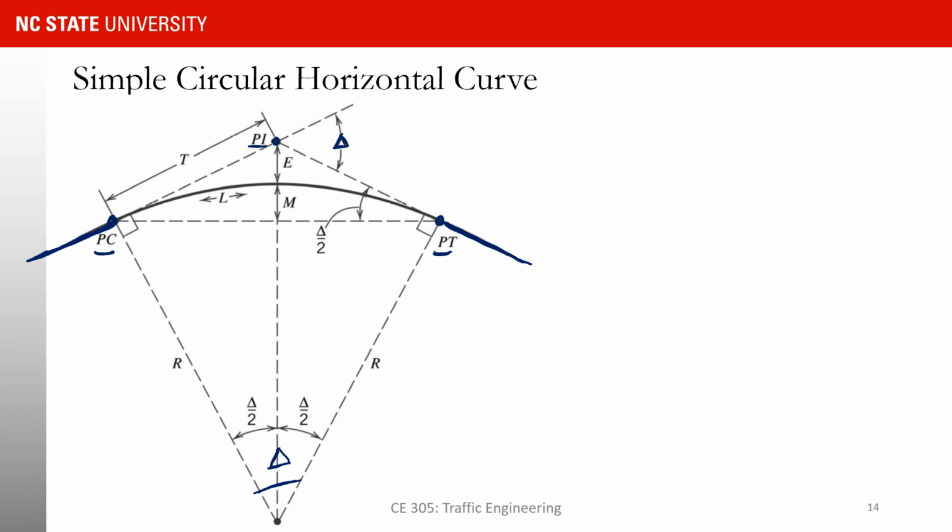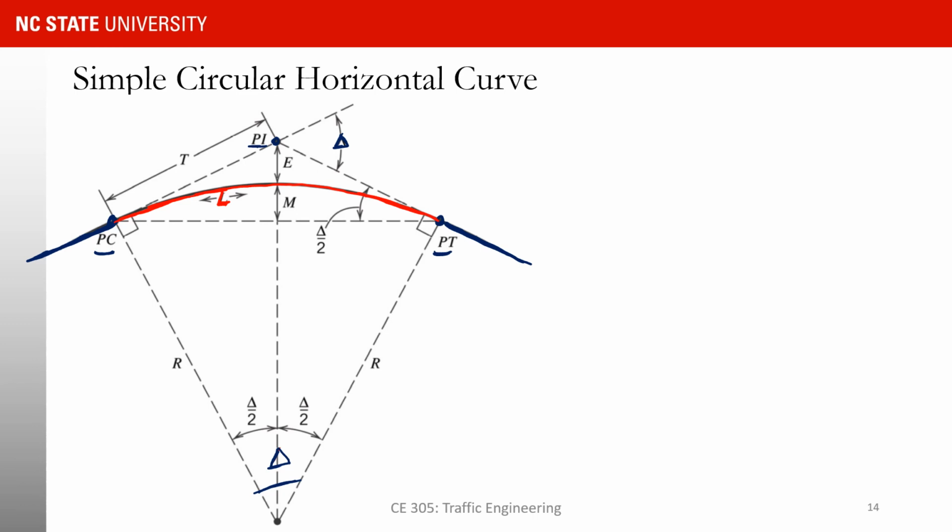So the length of the curve, unlike vertical curves, is measured on the curve, and we show it with L. If you remember, the length of vertical curves was measured along the horizontal plane. That's not the case here.